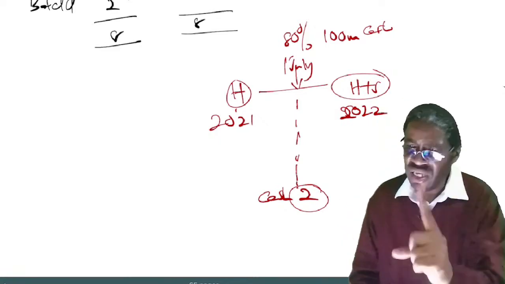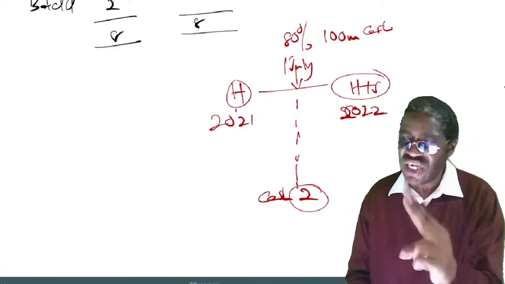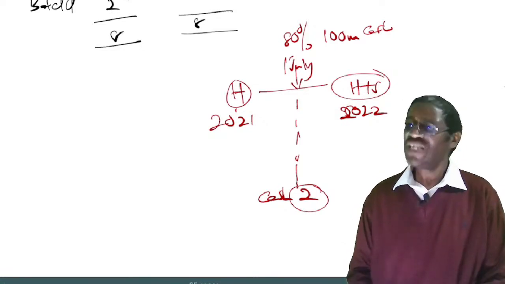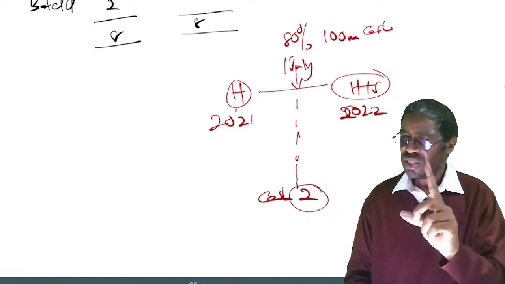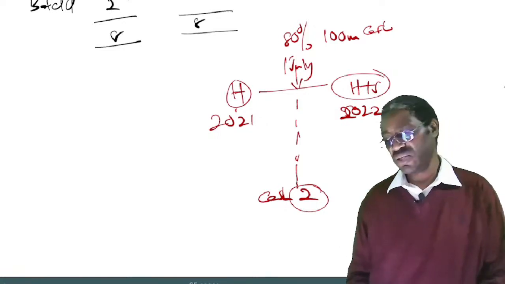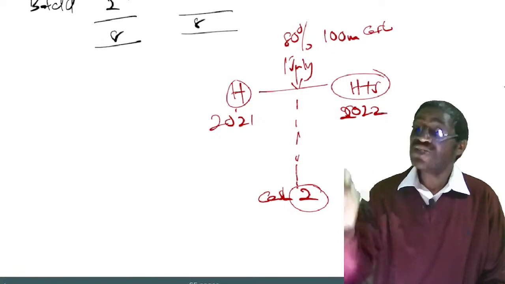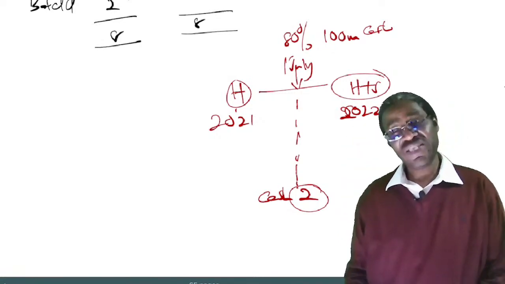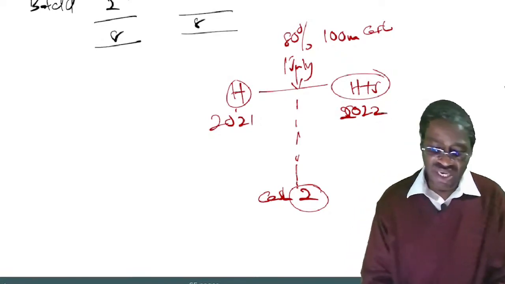So if today I pay you 100 million, and today you are giving me back 2 million, then effectively I did not pay you 100 million. I paid you 98 million.